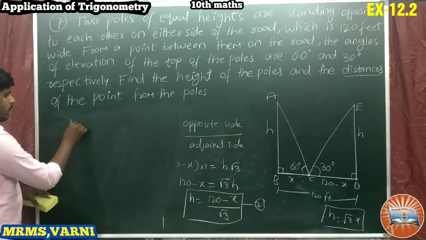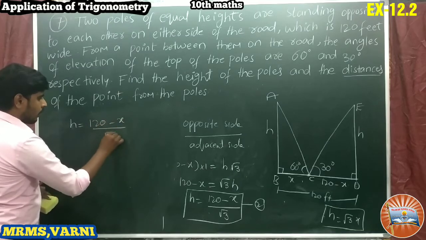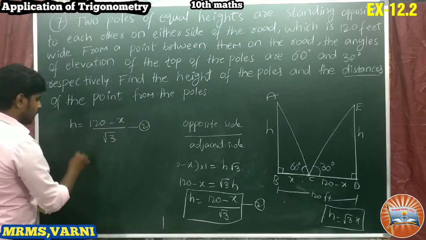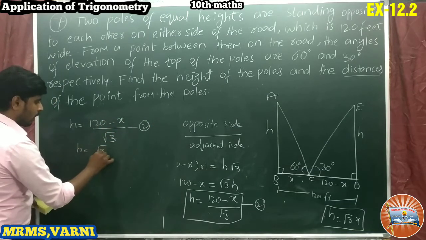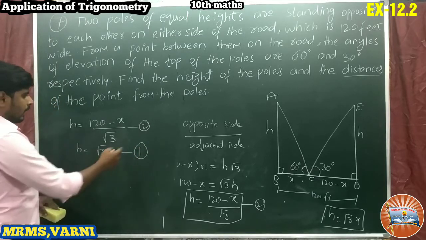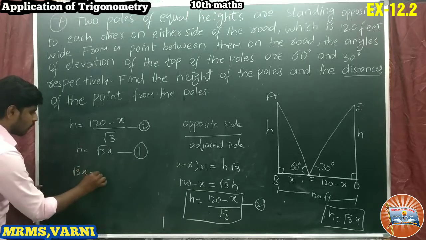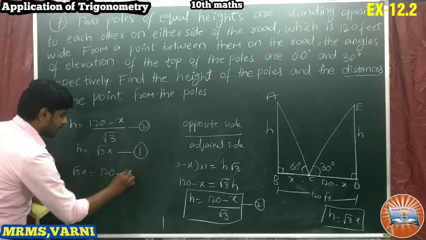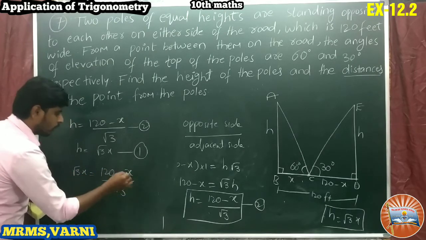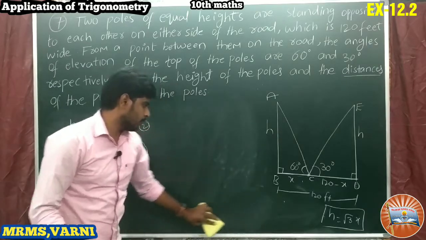H is equal to 120 minus X by root 3, that is equation 2. And equation 1 we have root 3 X. So from equation 1 and equation 2, I am writing directly root 3 X is equal to 120 minus X by root 3. Is it clear? I hope you understand this step.